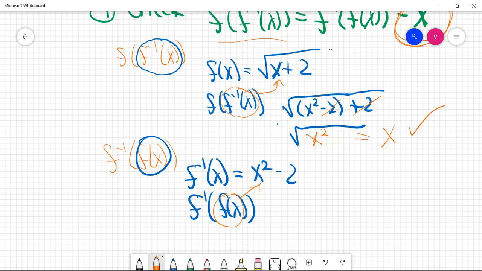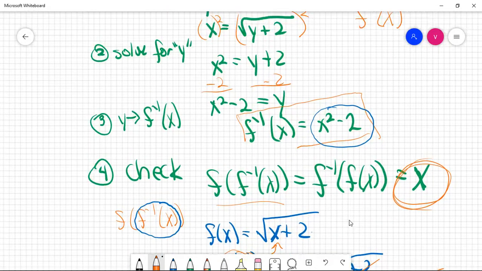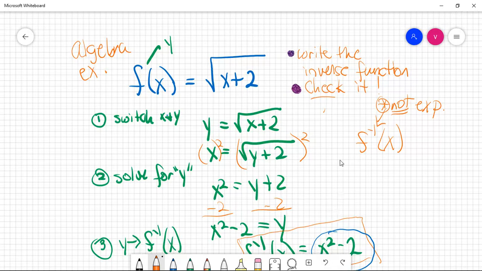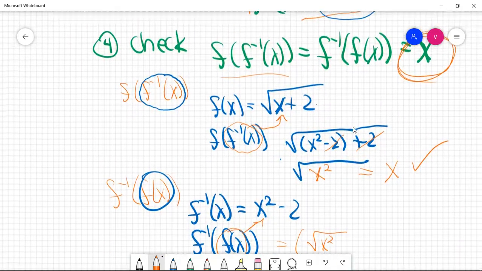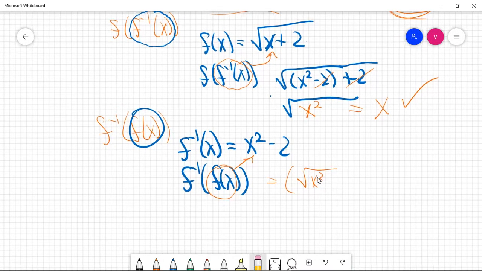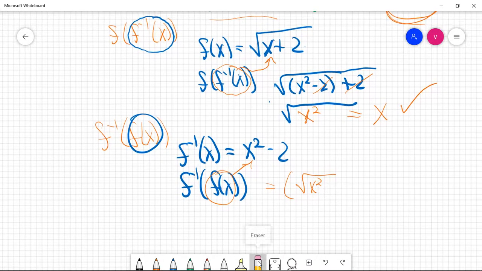Okay, so that would be the square root of x squared. Sorry, I forgot what f of x was again. Square root of x plus 2. Let me erase that. Okay, square root of x plus 2, right?